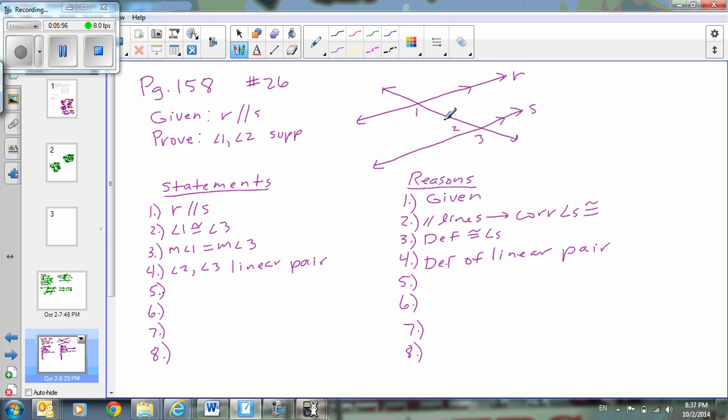So take a step to say that these two measures add up to 180, and then use substitution to rewrite that step, replacing the measure of angle 3 with what it's equal to. Then, once we have the measure of angle 1 plus the measure of angle 2 adding up to 180, your last step will be to say that angles 1 and 2 are supplementary because you have shown they satisfy the definition of supplementary angles.